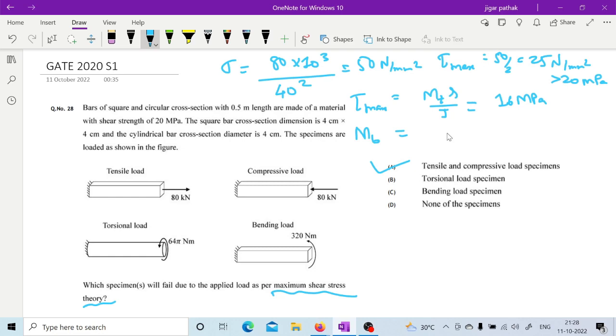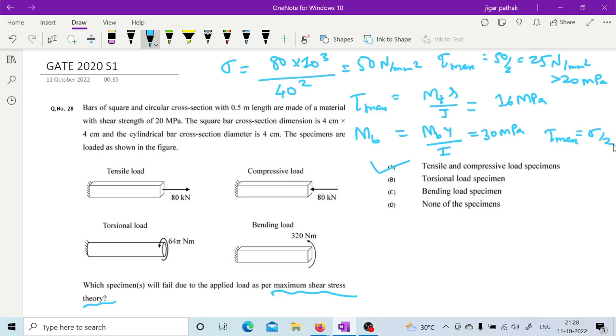And for bending moment it is M y by I, right? So if you go for M y by I, then you are finding, I guess, 30 megapascal.